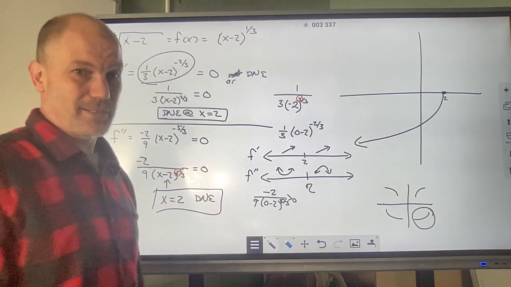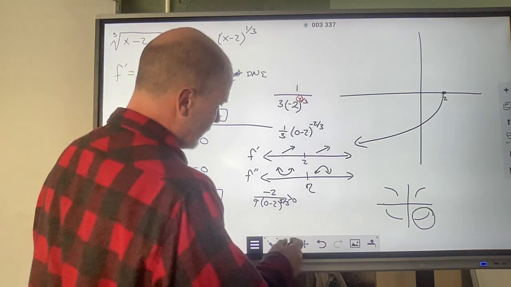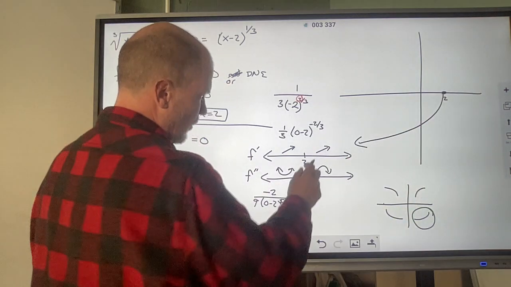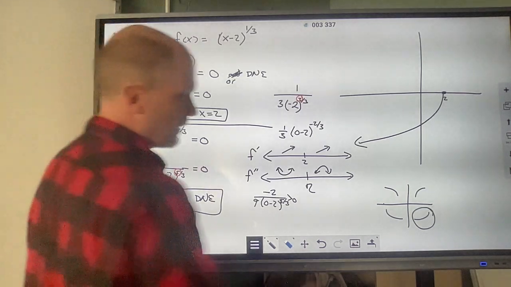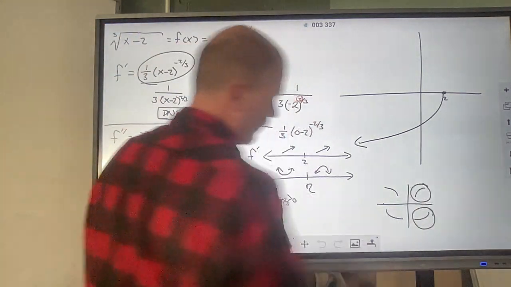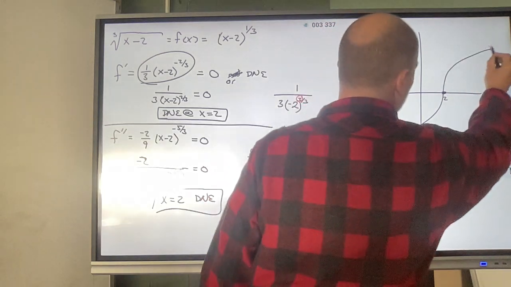I know at 2 itself, the slope doesn't exist. So then I need to do the same thing to the right of 2. So I have a positive slope and a negative concavity. A positive slope and a negative concavity looks like that. So I'm going to draw this line like this.